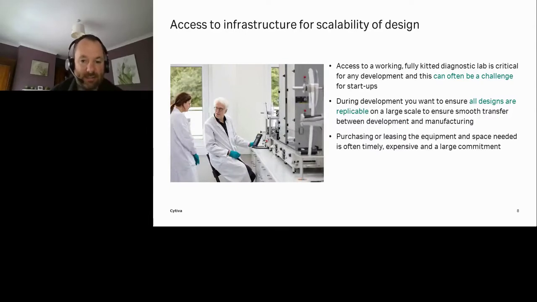And the key part around this is that making sure that when you're in your R&D process, it's key to get access to a working, fully kitted out diagnostic lab, because one of the critical challenges is making sure you go from a lab scale test or just a benchtop simple test that you've developed yourself, but then making sure it's replicable on a large industrial scale. Everybody wants that test, which is going to produce millions of sales, and you have to have a way of being able to produce your product on the same scale in order to achieve those sales.